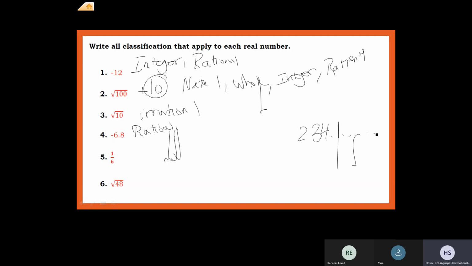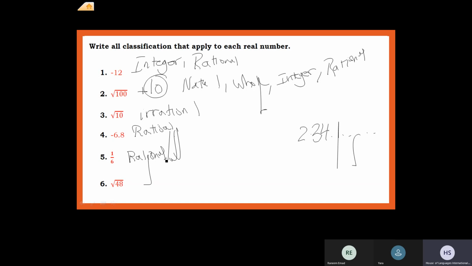Now 1/6. Is it whole? Natural? Fraction. So what does it mean? Rational. Bravo. It's a fraction. Please study. Fraction is rational, yes.